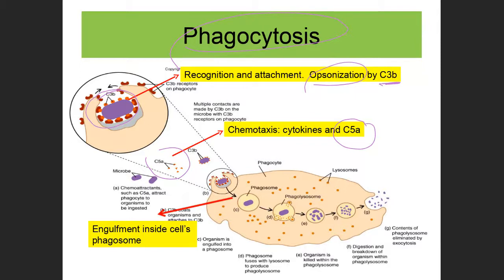Now, what happens after the cell is phagocytized? The bacterial cell is going to be brought into the phagocytic cell in a little vesicle called a phagosome. Phagosome is actually a nice place to be for a bacteria because it's hidden away from the immune system.